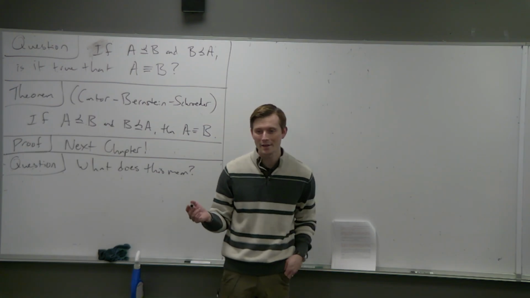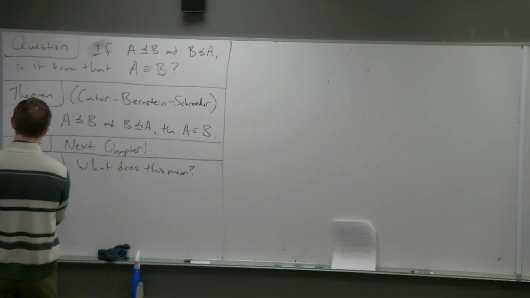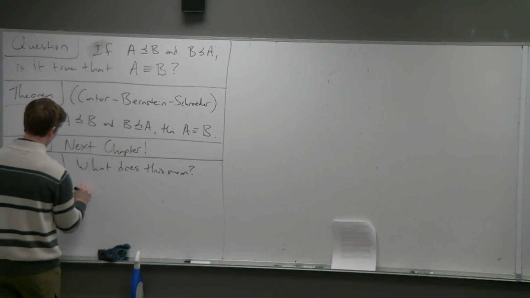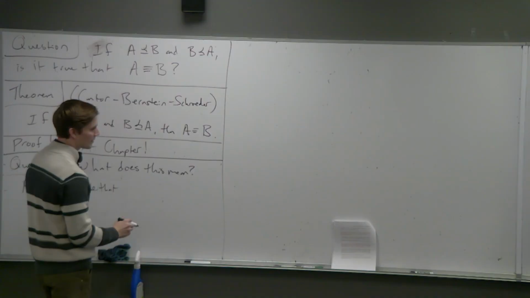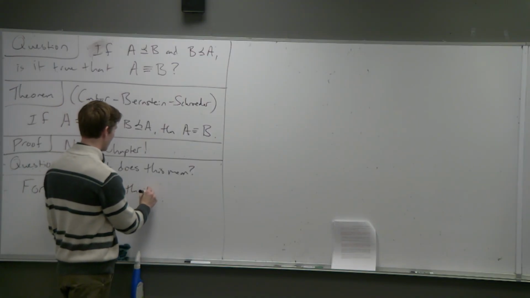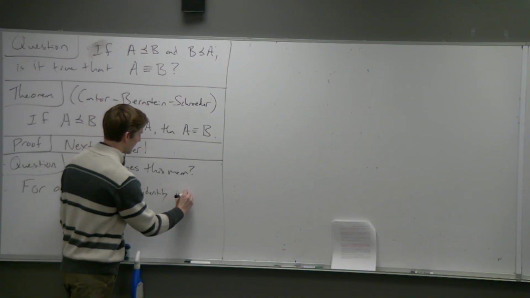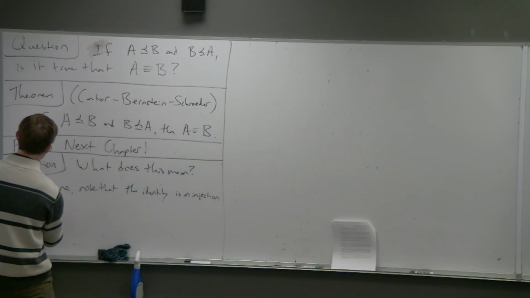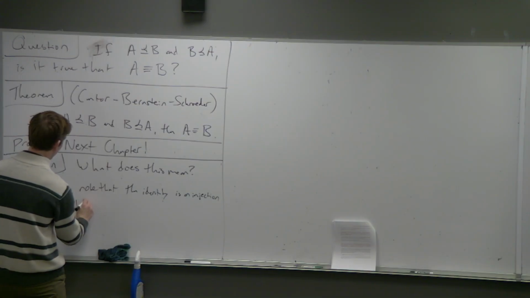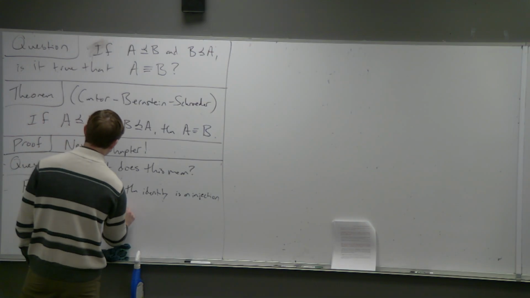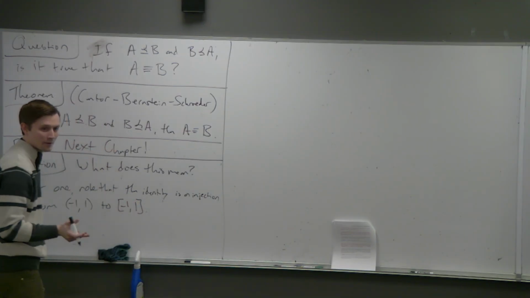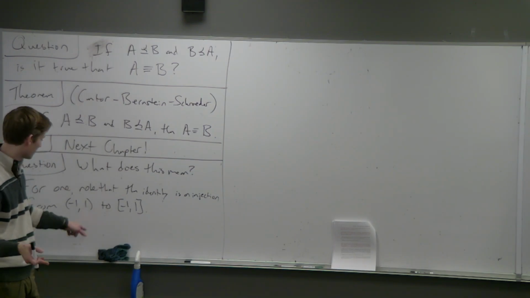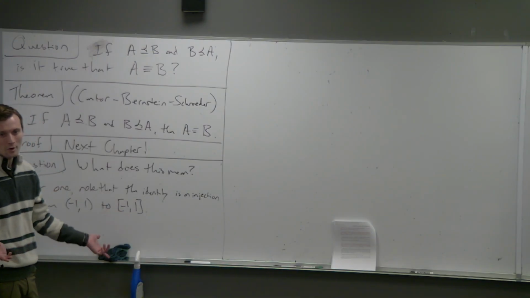Yeah, okay, here. Let me throw you an example. For one, note that the identity is an injection from, say, for instance, the open interval from -1 to 1 to the closed interval from -1 to 1. Would you agree with that? Just send each number there to exactly the same number. No number gets hit twice.